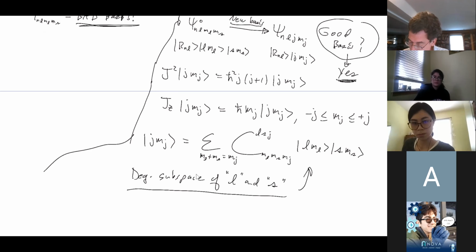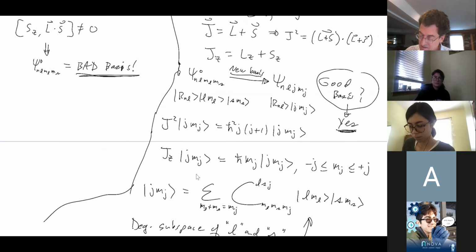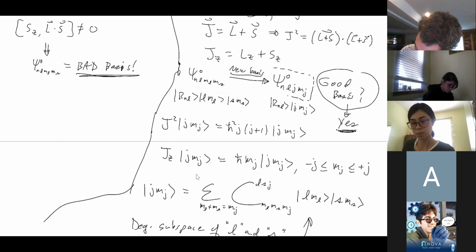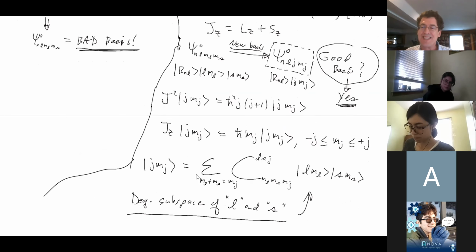So the point I'm trying to make is that if we convert from one basis state to another basis state, then this becomes a good basis. And so this can become our new basis. By using this theorem, we can see that this is a good basis.